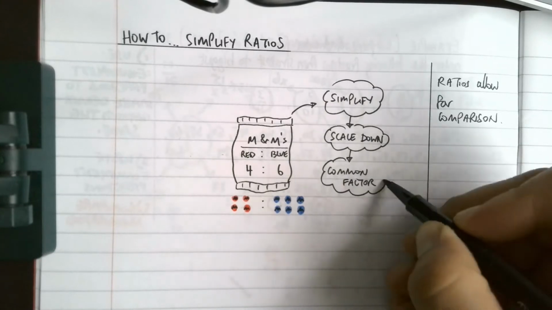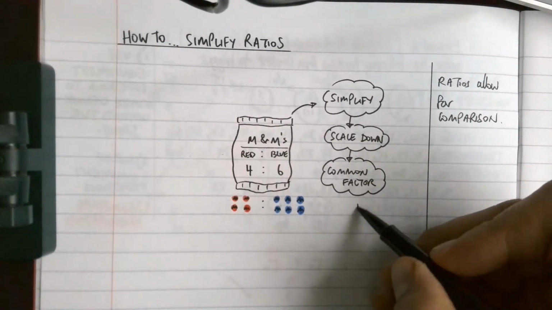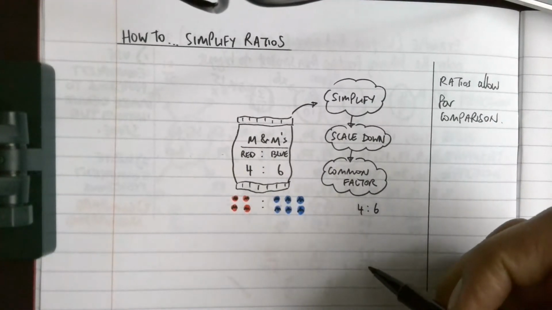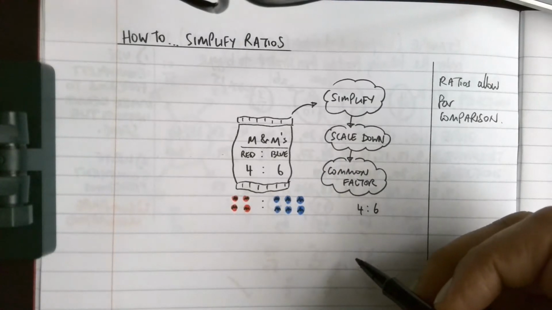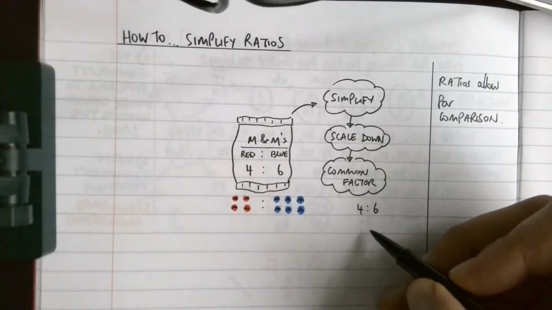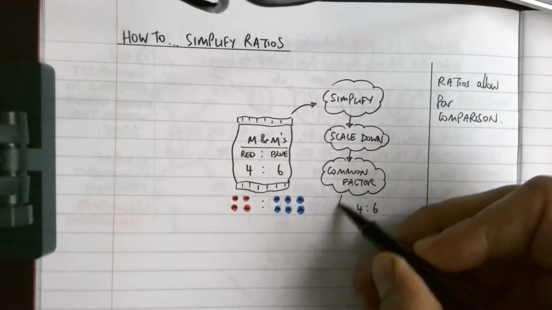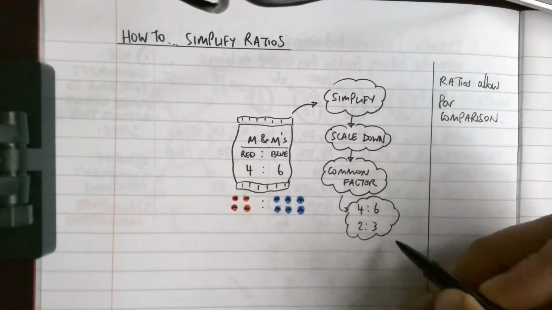We need to find a number that we can divide both 4 and 6 by, so we can scale both the numbers down equally. In this case, because they're both even, the easiest factor that we can use is 2. So we can divide both 4 and 6 by 2, and we end up with a simplified version of 4 and 6, which is 2 to 3.